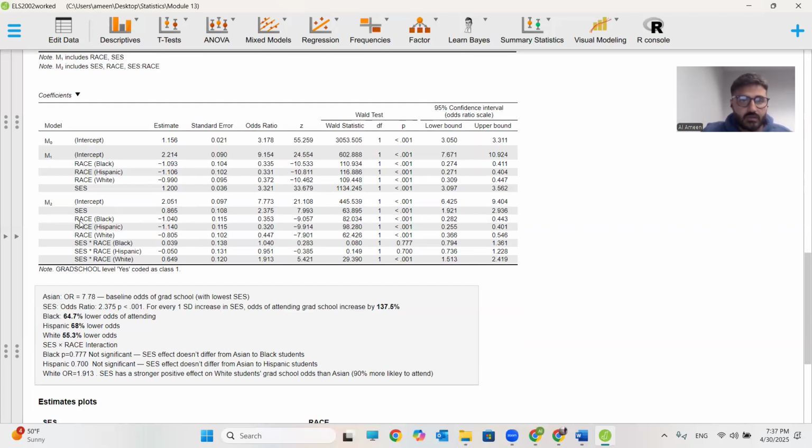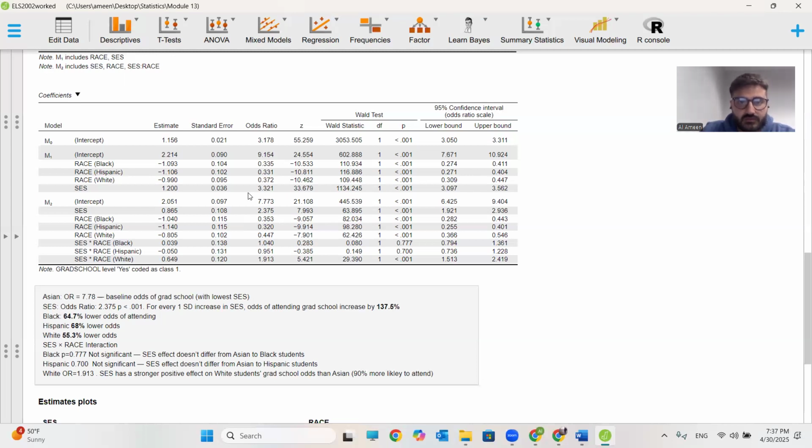Now, if we look at race, Black, and compare it to Asian, you have an odds ratio that is lower than 1. What this translates to is if you are a Black student, your odds are 64.7% lower, which is 1 minus the odds ratio.